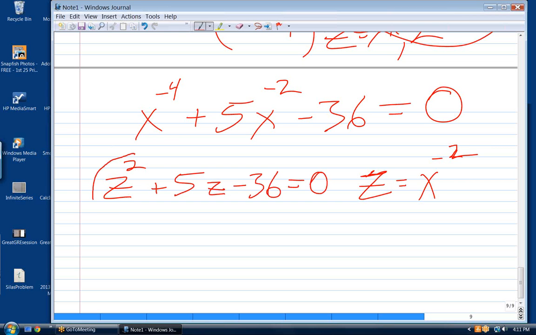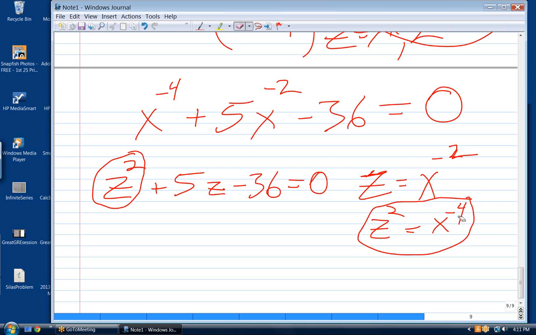And you see where we get z squared from. In other words, z squared, if we take what we substituted over here, is that times itself, which is x to the -4th. So it was okay to substitute z squared for that x to the -4th. That's exactly what z squared is.